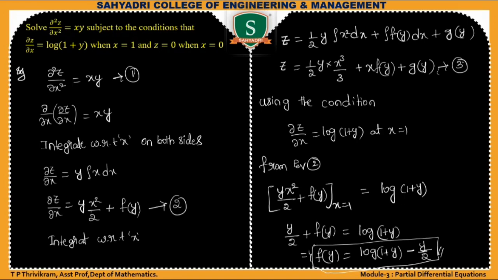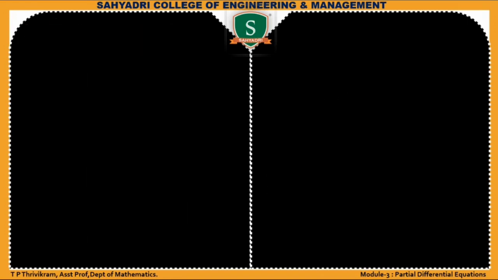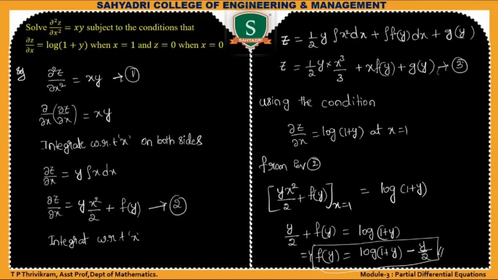Next, using second condition. Using the condition z is equal to 0, comma x equal to 0. So from equation 3, okay, put z equal to 0. So left hand side it is 0 is equal to x equal to 0 we have to substitute.